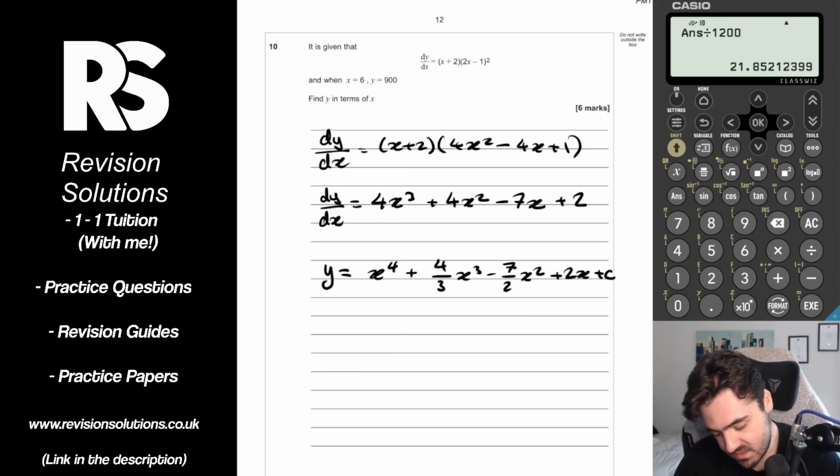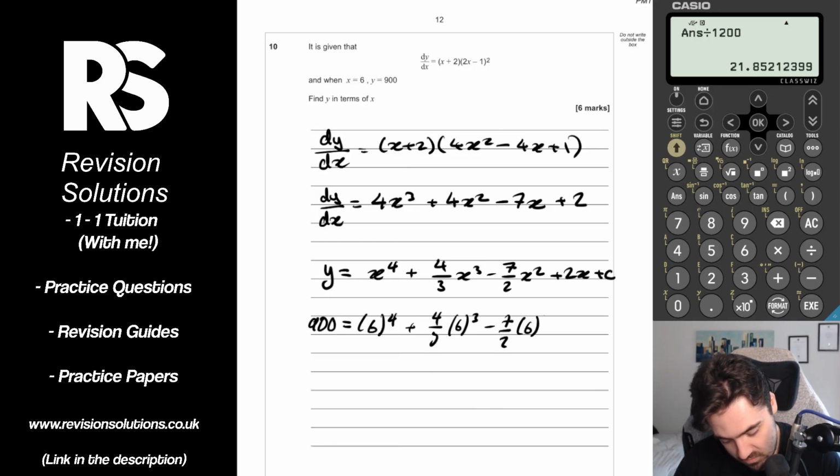To find our plus c, we need to use our point. So we know that 900 equals, well, let's just plug the number in, 6 to the 4 plus 4/3, 6 cubed, minus 7 over 2, 6 squared, plus 2 times 6, plus c.